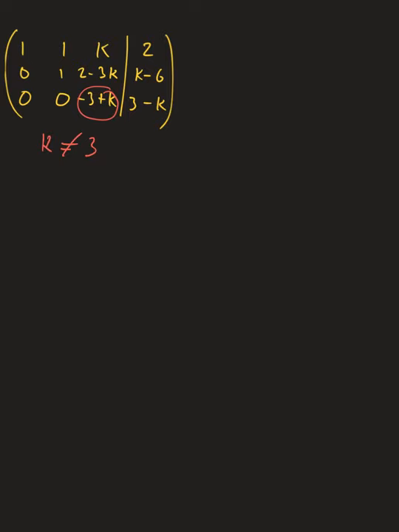So that equation then reads minus 3 plus k times z is equal to 3 minus k. That implies that z is equal to 3 minus k divided by minus 3 plus k.